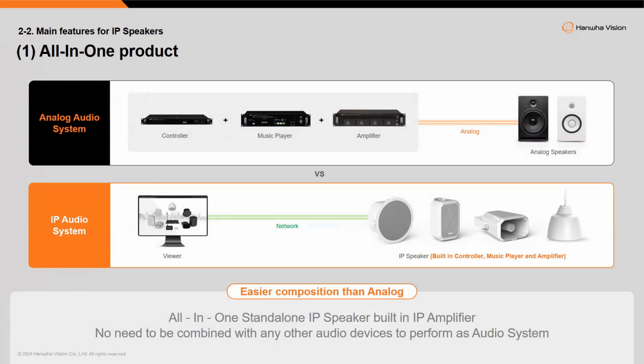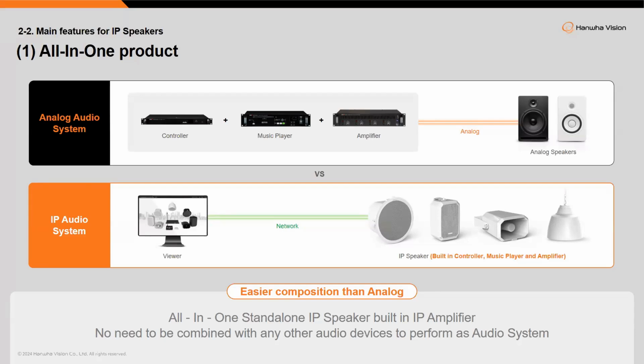So one important thing about the all-in-one design, if anyone's familiar with analog systems, or if you've ever been into, again, a retail store or a school and seen an analog audio system, there's a lot of equipment in a rack in the ceilings. You'll have controllers, music players, amplifiers, power supplies, things like that, going to analog speakers.